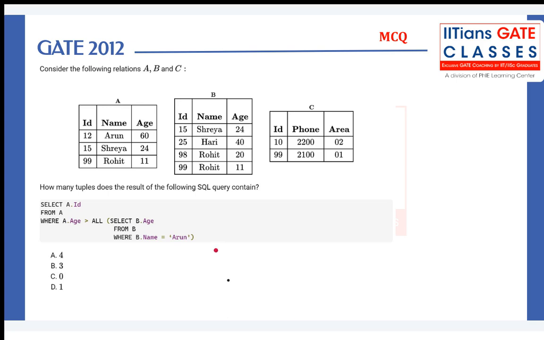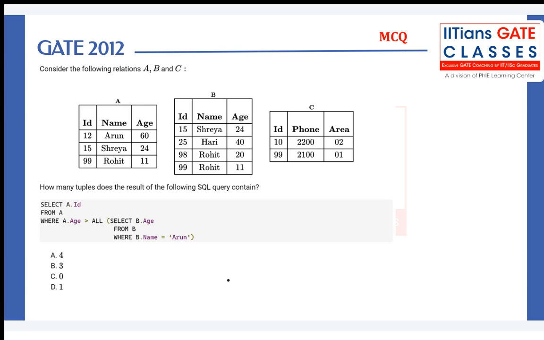So one answer is 3. 3, 3, 3, 3 answers 3. Okay. So what does the inner query return? 5. And for 5, if you put all, that means it is always true.